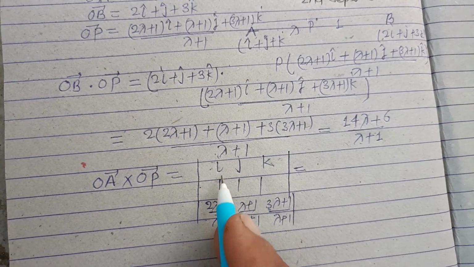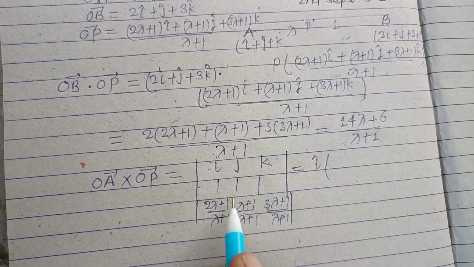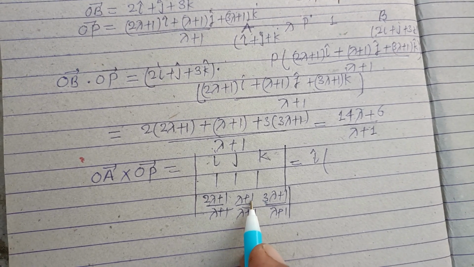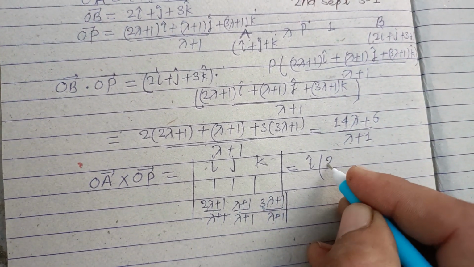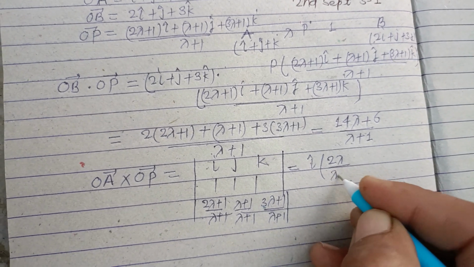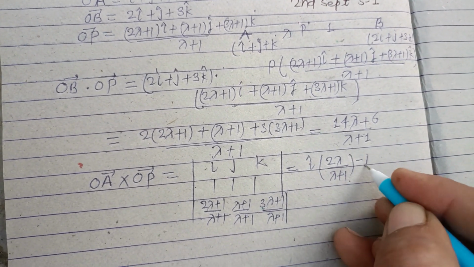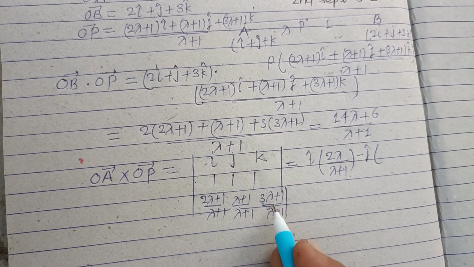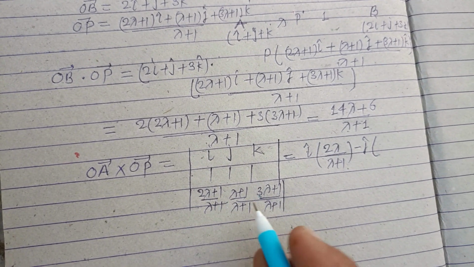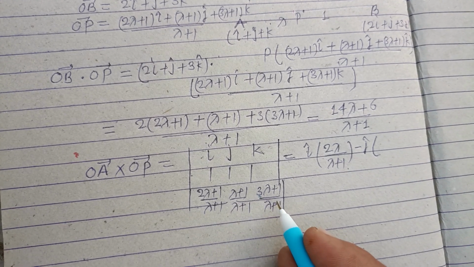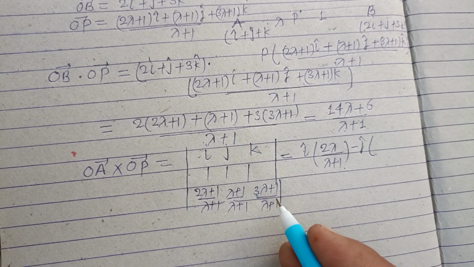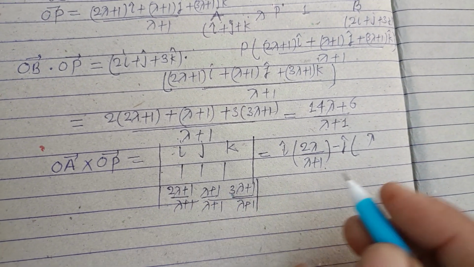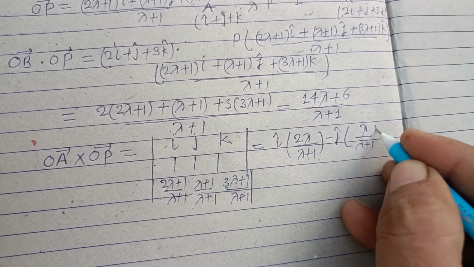So opening this, for i, this is (3 lambda plus 1) minus (lambda plus 1), so we got 2 lambda upon lambda plus 1. Minus j: when j is taken, we have (3 lambda plus 1) minus (2 lambda plus 1), so this will be lambda, 3 lambda minus 2 lambda, lambda upon lambda plus 1.